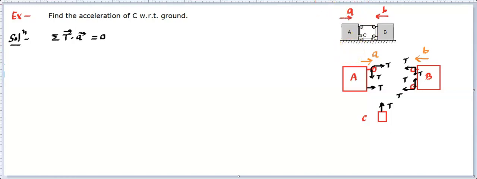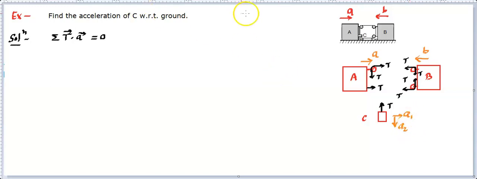So there will be two components. Let's say this component of acceleration, that is horizontal, is A1, and another is downward, that is A2. So C will have these two components. We will try to find A1 and A2, then the total acceleration will be calculated.